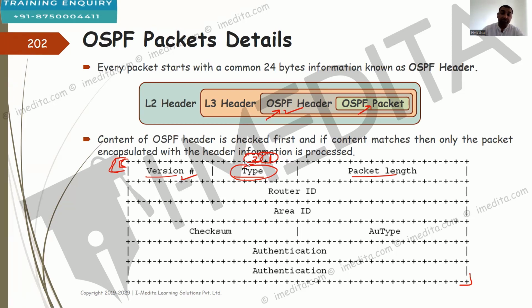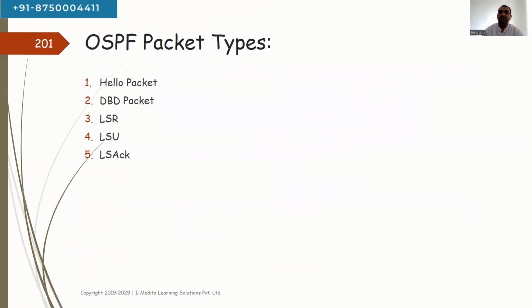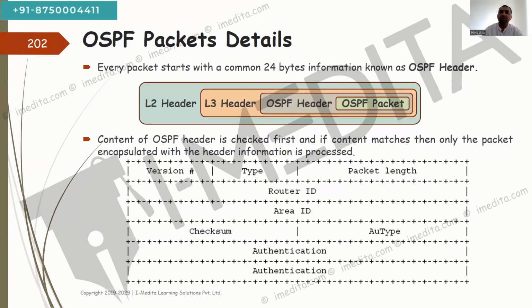If it was type 3, it will be a link state request. Type 4 is link state update, and type 5 indicates link state acknowledgement. As I said before, we have in total 5 different types of packets in OSPF: hello, DBD, LSR, LSU, and LSAck. The first 24 bytes are common for all these different types of packets.